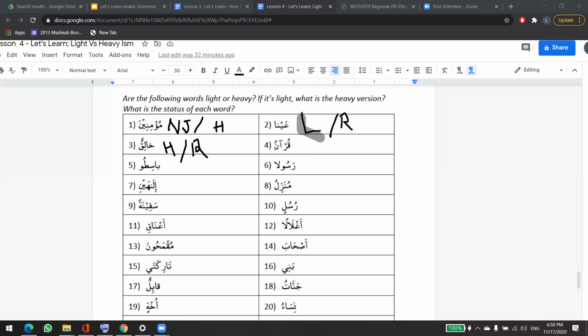This is an ending sound, Qur'anu, and it has no tanween at the end. If there is no tanween at the end, then it's a lighter version, and the heavier version would be Qur'anun. Both Qur'anun and Qur'anu have dhamma, so these are rafa. Okay.